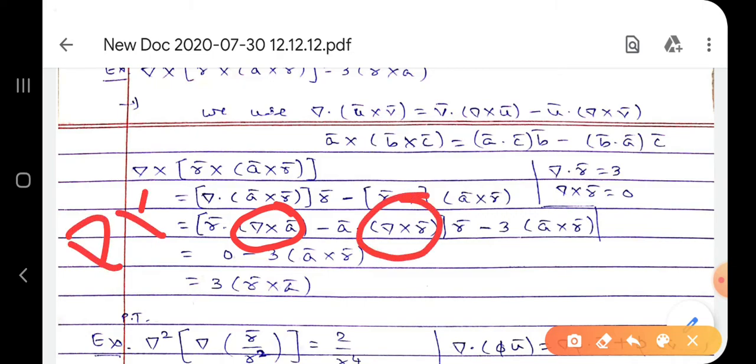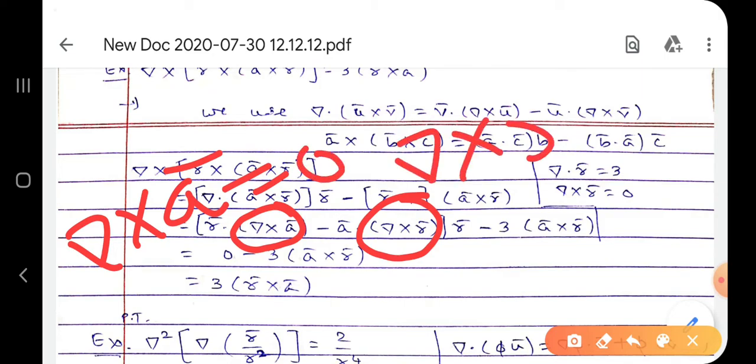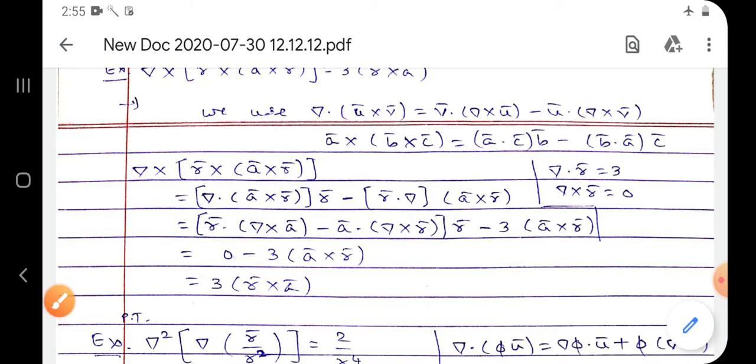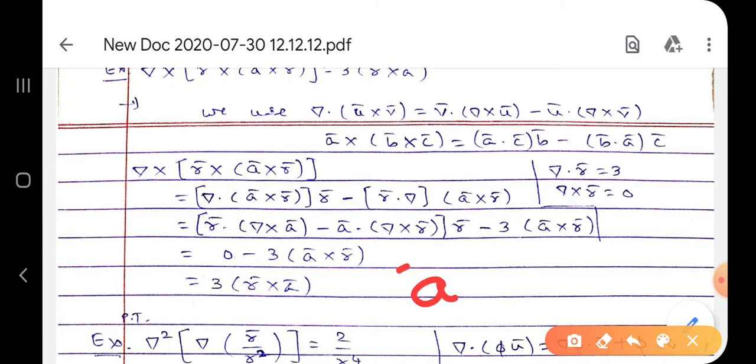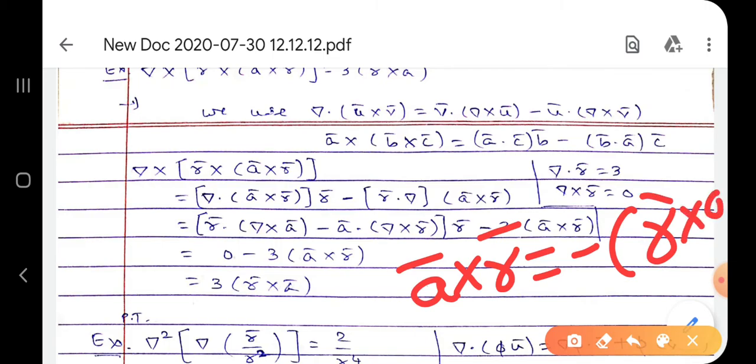So del cross a bar is 0, del cross r bar is 0, so our first answer is 0, minus 3 into a bar cross r bar. Now this a bar cross r bar we can write as minus r bar cross a bar. So this is our answer.